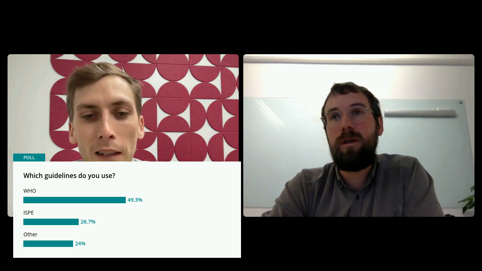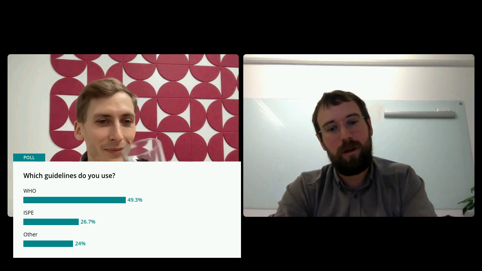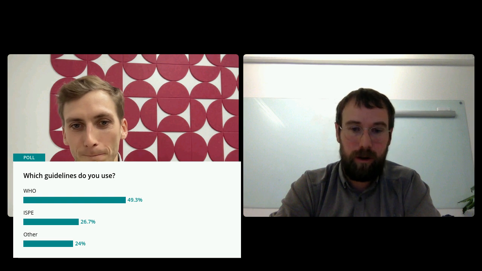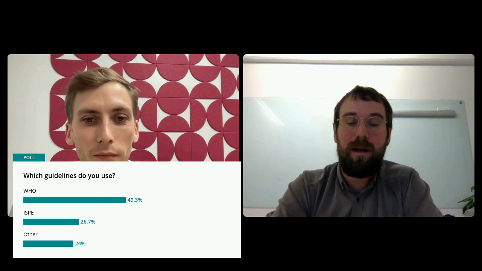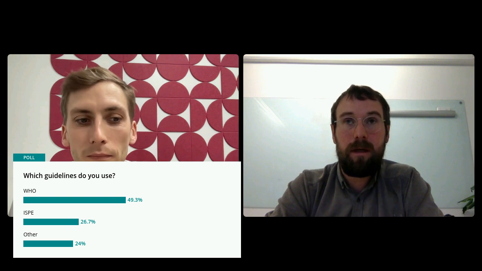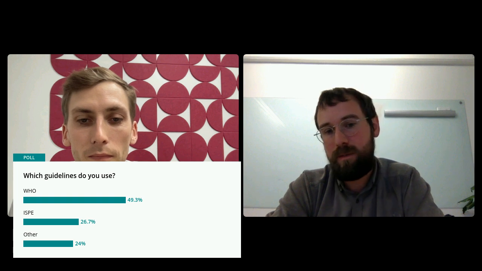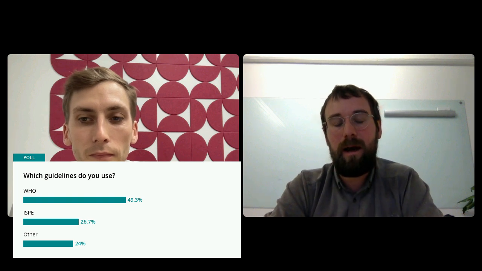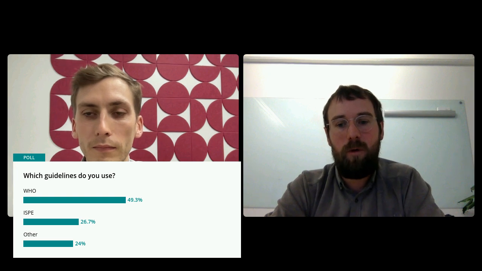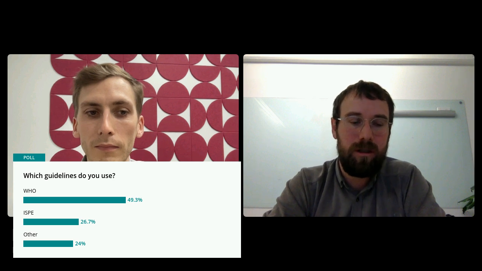Yeah, that's a really good question. I think this aligns well with our experience that the WHO guideline is the most broadly used. It's also the least specific. But in my view, there are no contradictions between the WHO and the ISPE guidelines. The ISPE guidelines are much more detailed and give more concrete examples of when to use different strategies.